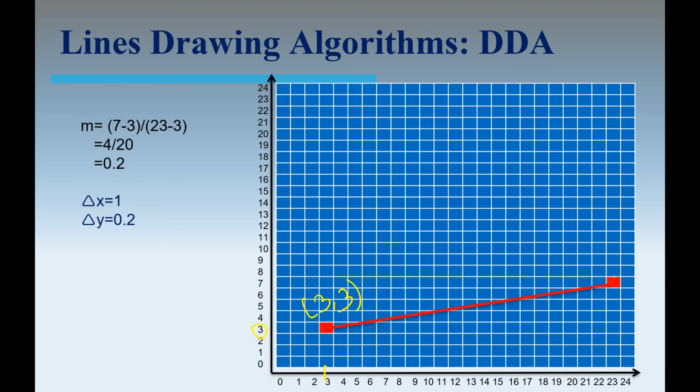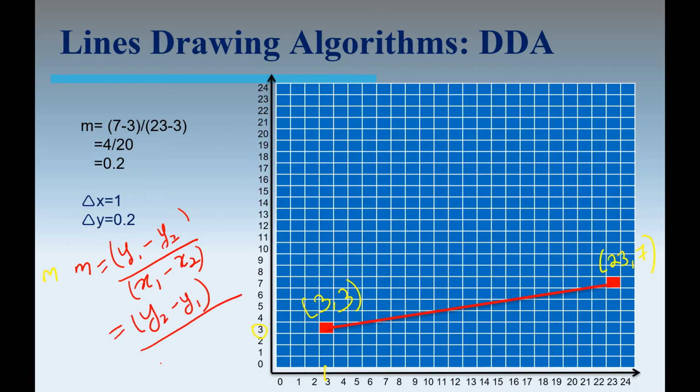The other endpoint will be (23, 7). We already know the formula of m: m equals y1 minus y2 over x1 minus x2, or in other words, we can also use y2 minus y1 divided by x2 minus x1. This will give the same result.